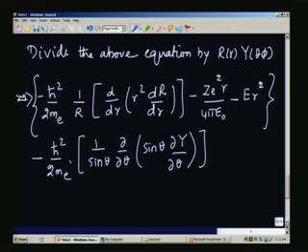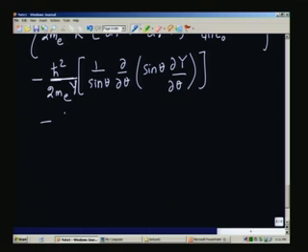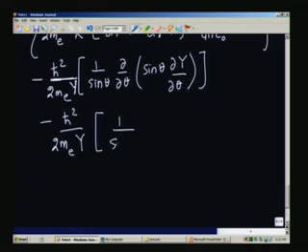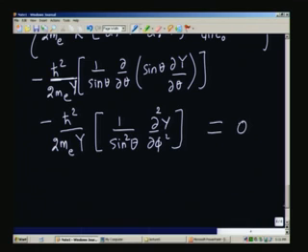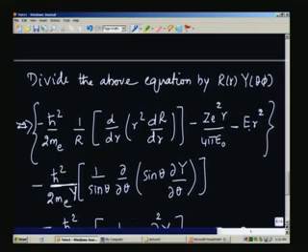Of course there is a Y in the denominator when we divide the whole thing by R and Y, and then there is one more term which is minus h bar square by 2 me Y, 1 by sin square theta ∂²/∂φ² of Y, and that is it. The whole thing is equal to 0, as we brought the E on this side already.